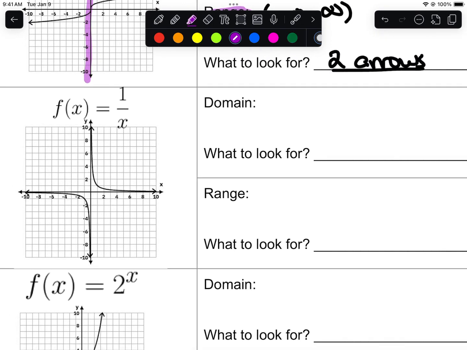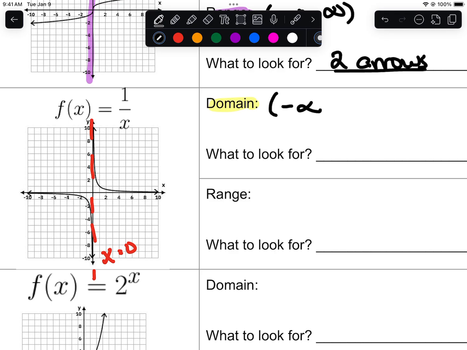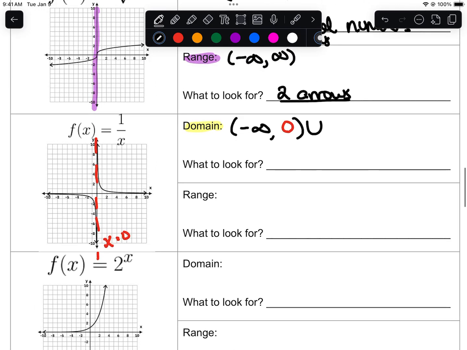Nice and easy. We've done this one before. Your domain here is what x can be, which is everything but this vertical asymptote right here. We have a vertical asymptote at x equals 0, so it's going to be from negative infinity to 0, not touching, so parenthesis instead of bracket, union 0 to infinity. What we're looking for is our vertical asymptote.